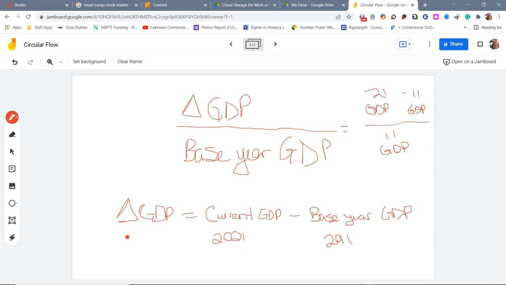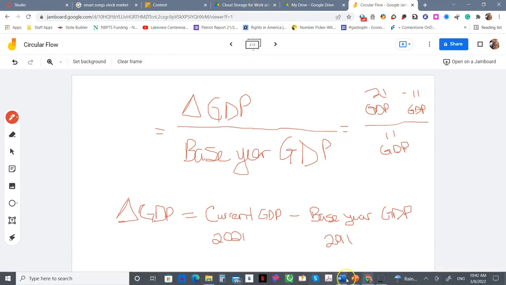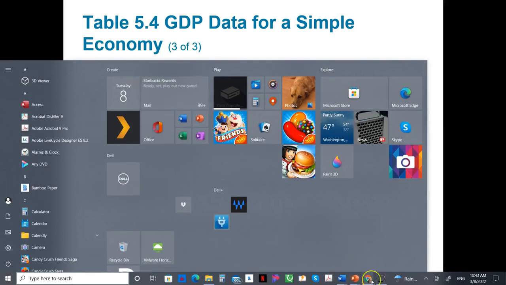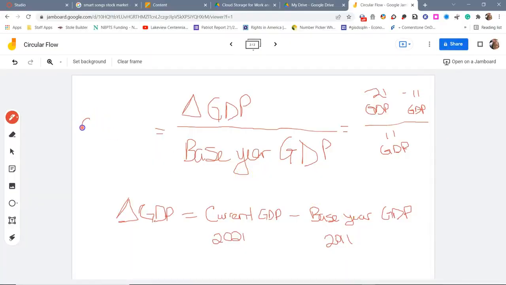A change in GDP gives us what we're looking for, which is the percentage growth in GDP. Okay?